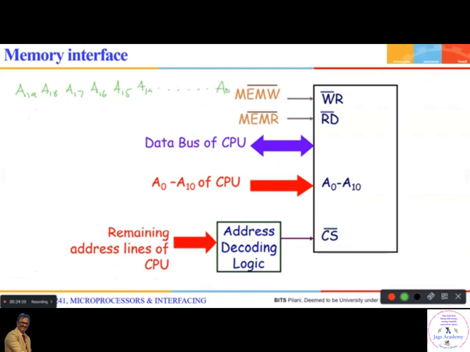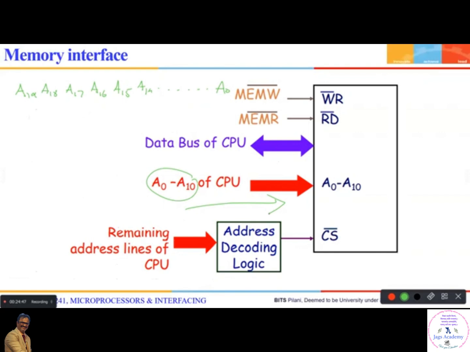For address decoding logic, we are going to use only the address lines of the microprocessor. Out of A19 to A0, A10 to A0 is required to select within the memory. So this many address lines from the microprocessor go directly into the address lines of the memory chip. Remember, this is the address line of the memory chip, and this is the address line of the microprocessor.